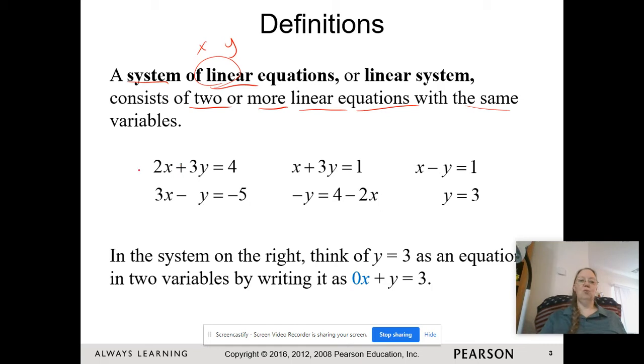Okay, so this, for example, this pair of equations would be called a system of equations. This pair of equations, this pair of equations. You're like, hey, wait a minute, this just has a y, but it doesn't have an x. Well, it technically has a 0 times x, so it has the same variables.